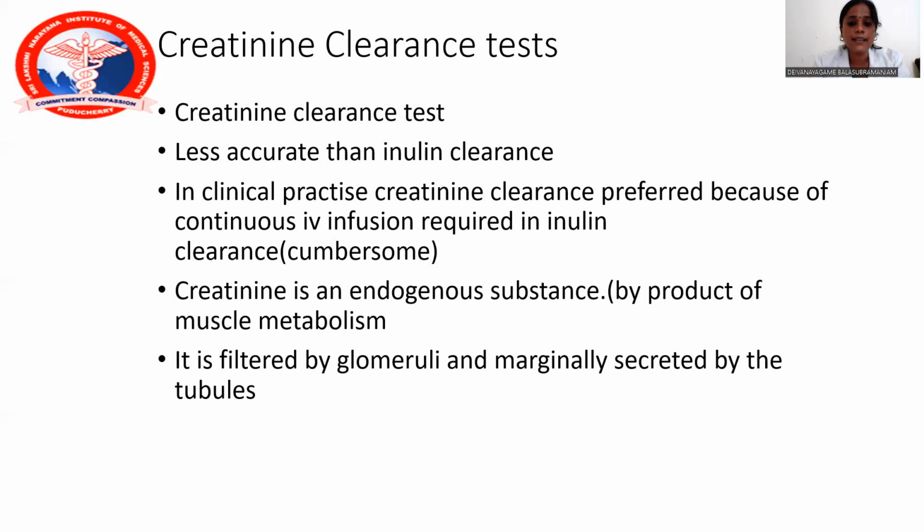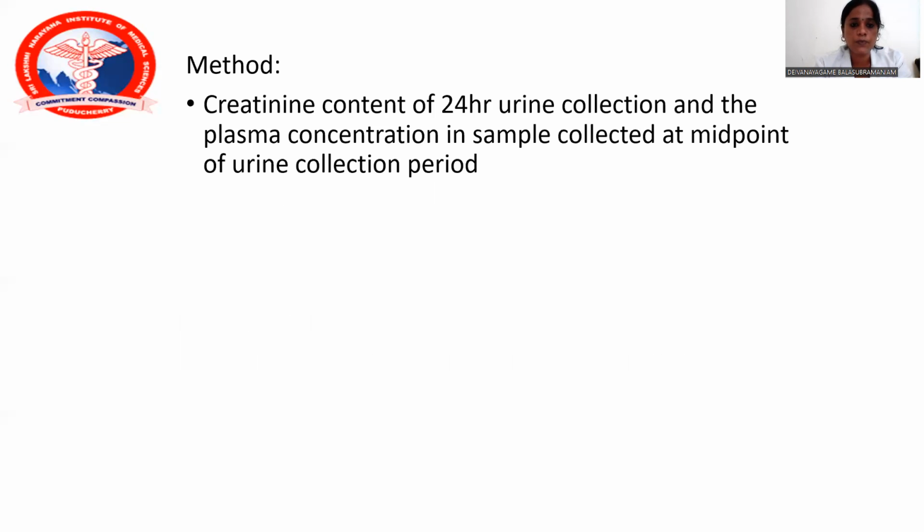Creatinine is an endogenous substance. It is a byproduct of muscle metabolism. It is filtered by the glomeruli and marginally secreted by the tubules. Method: creatinine content of a 24-hour urine collection and the plasma concentration in a sample collected at the midpoint of the urine collection period.